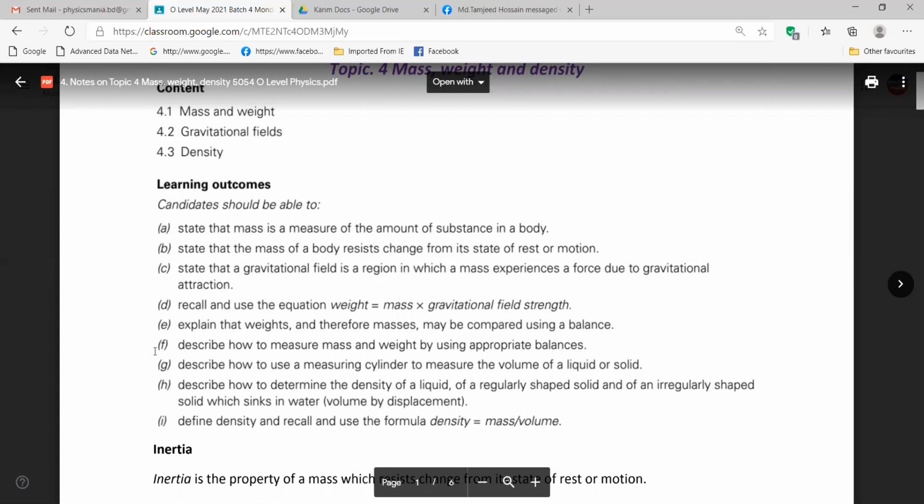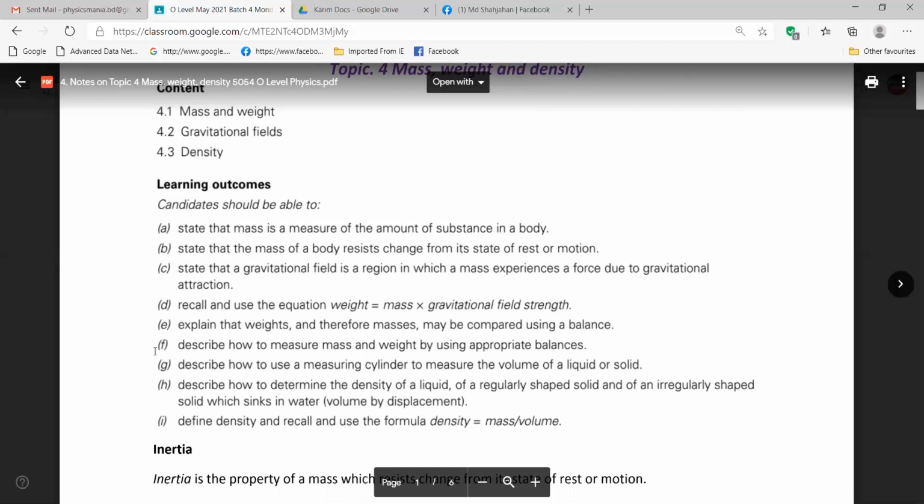In this case, if it is in a continuous question in which a mass is in motion, then we need to give the definition in terms of inertia. Yes, yes. Okay, now A, B is clear, right? A, B is done. Yes, sir.